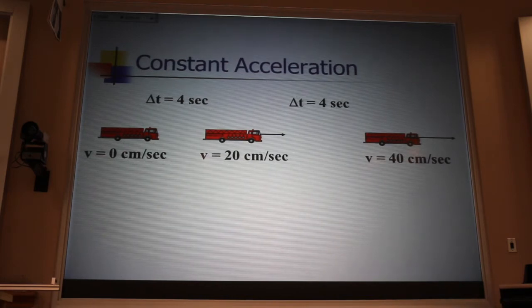We don't need to go looking for more mess. Now, you'll notice for constant acceleration, the distance traveled in equal intervals of time is not the same. However, the change that happens on the speedometer would be the same. In every 4-second interval of time, we change our velocity by 20 centimeters per second there.